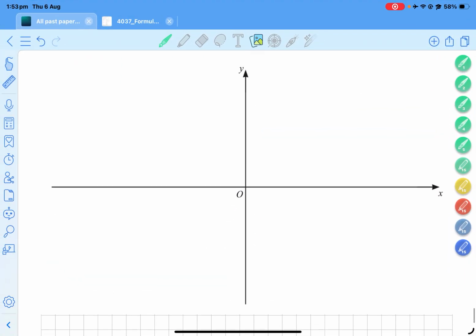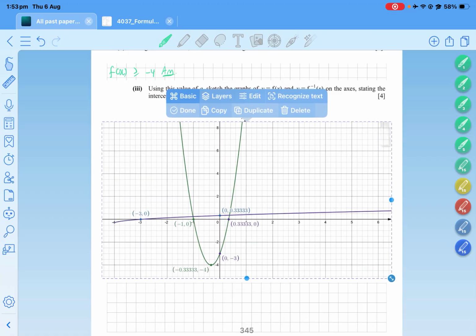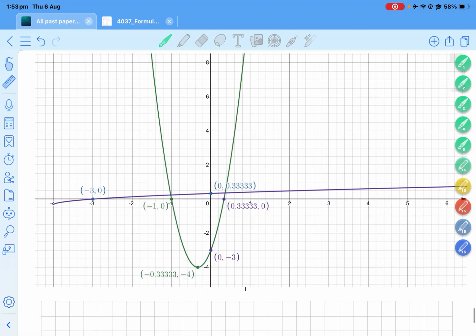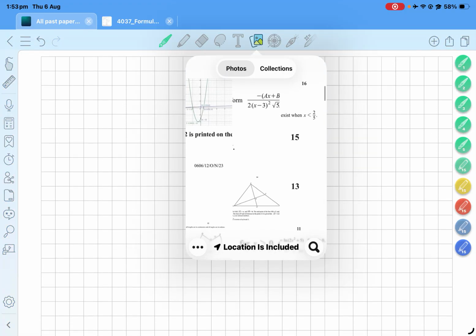You can just replace this graph with this. Okay, I hope you understand that.